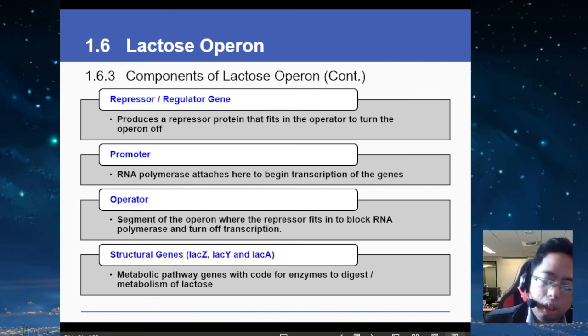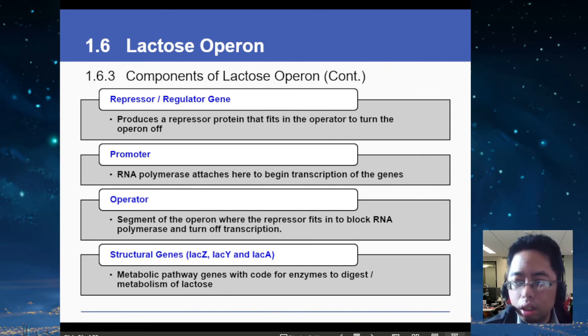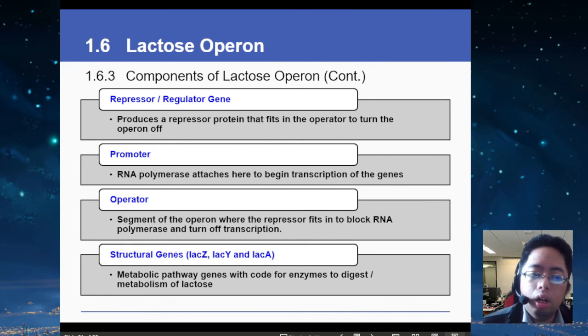So the repressor is the padlock. A repressor gene is the instructions to make that padlock. Structural genes are the recipes to make the cake that you want, like Z, Y, A. In this case, it is for lactose.